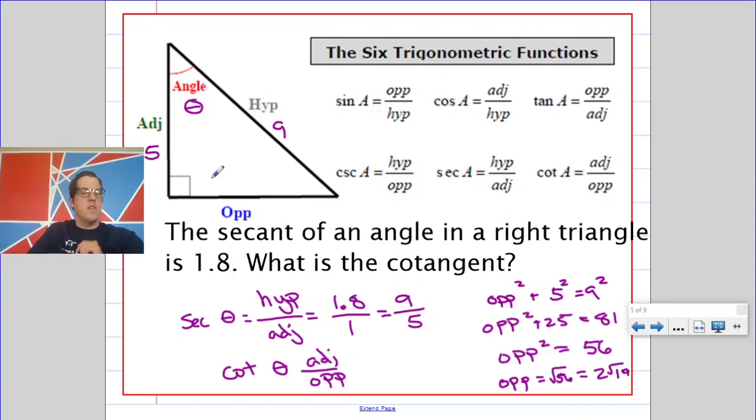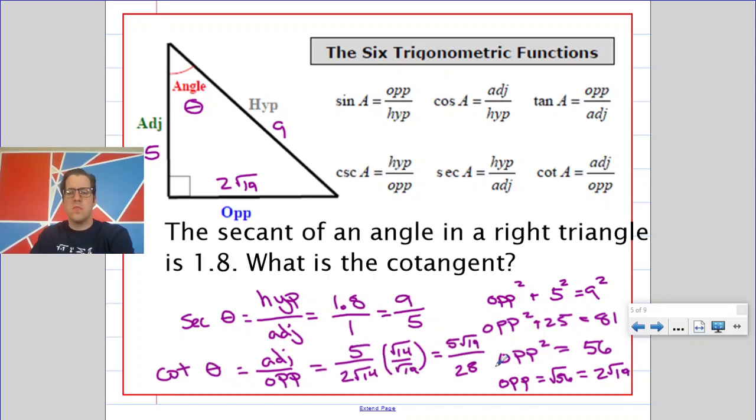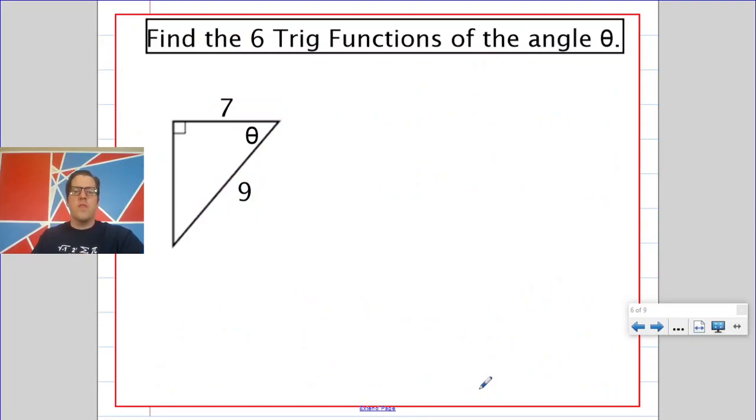So my opposite is going to be 2 root 14. So that would make my cotangent 5 over 2 root 14, which of course I have to rationalize. And I'm going to get 5 root 14 over 28. Notice that we had to go to the Pythagorean theorem, which we are allowed to do because we have a right triangle. So here is one for you to try.